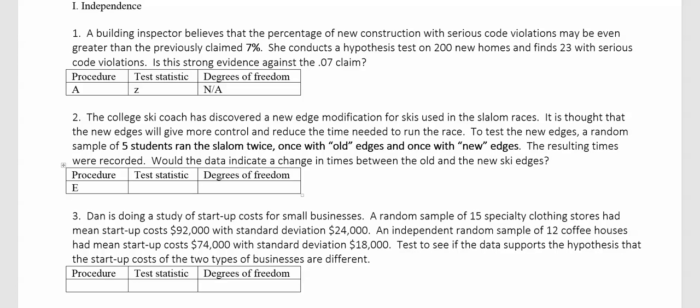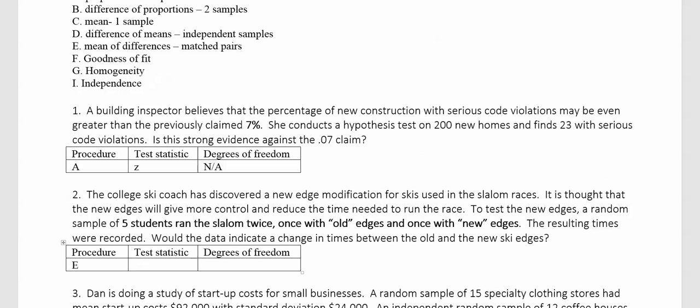And our test statistic for this, okay, so with mean data, then we have two choices. It's either a t-score or a z-score. And in order for it to be a z-score, I have to know the population standard deviation. They're always going to give me sample standard deviation, but they have to add an additional fact dealing with the population in order to make it a true Z statistic.